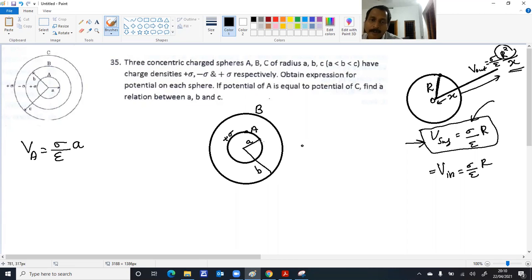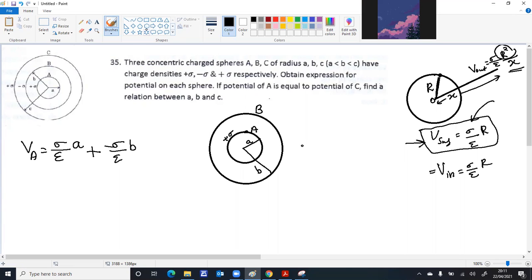We are not finding the potential outside, inside, or on the surface of B. We are finding it only on A because of B, right? Yes, but relative to B, A is a point inside, so we'll use that formula. So we'll get sigma by epsilon into small b, because the potential at any point inside B is the same as on its surface.